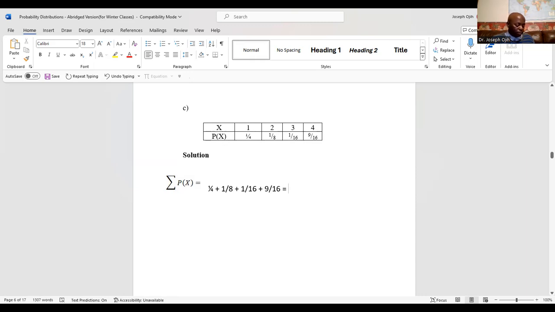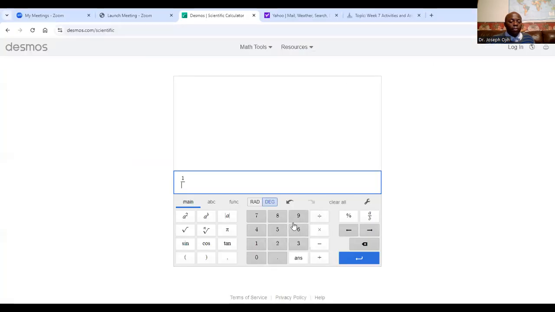We got 1/4 plus 1/8 plus 1/16 plus 9/16. Go and test this in a calculator. So you have 1/4, plus 1/8, plus 1/16, plus 9/16.